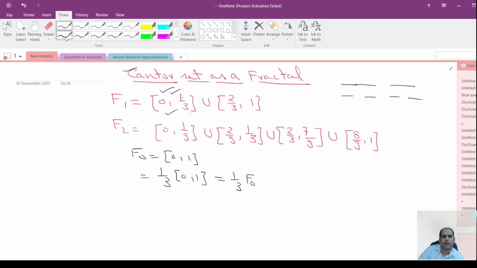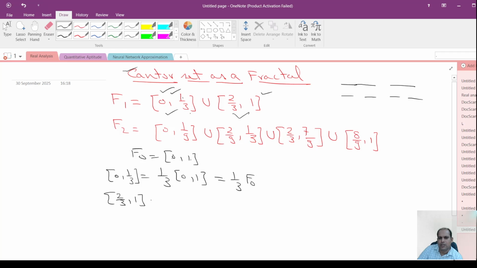That will be denoted by [0, 1/3]. Now I want to obtain the next one. If we translate this by 2/3, I will get the second part. Its length is 1 minus 2/3, which is 1/3, so I need to see [2/3, 1].